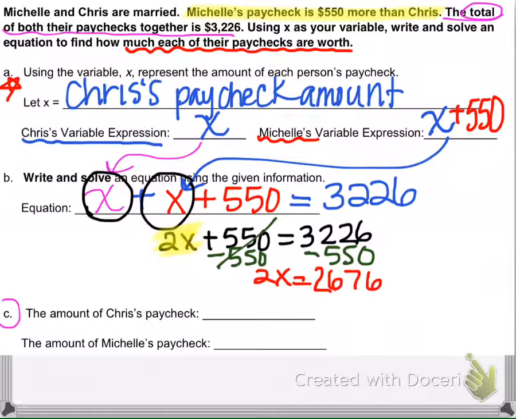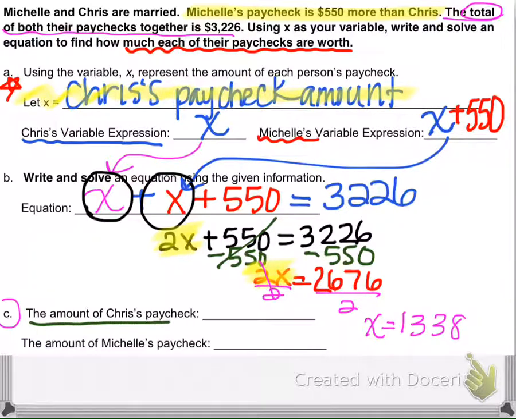And then our very last step, when the variable term is isolated, we're going to divide by the coefficient, which is 2. So we would get X is equal to 1,338. That's why we have a let statement, to remind us that the X represents Chris's paycheck.